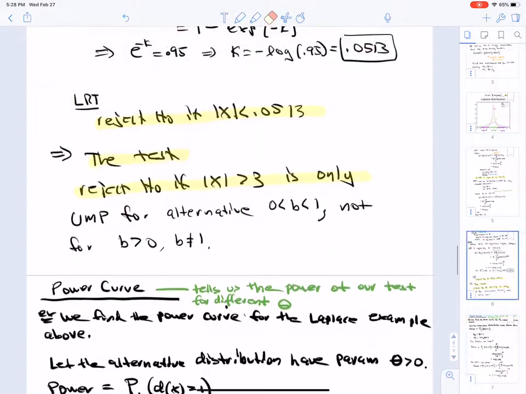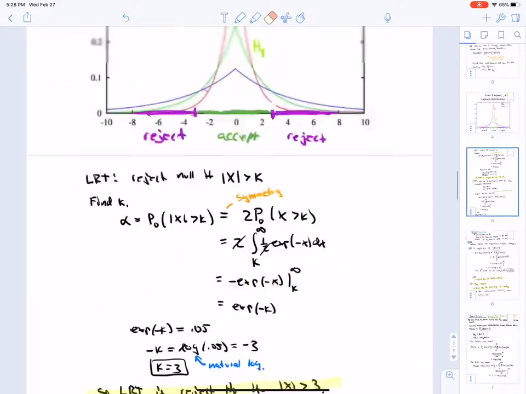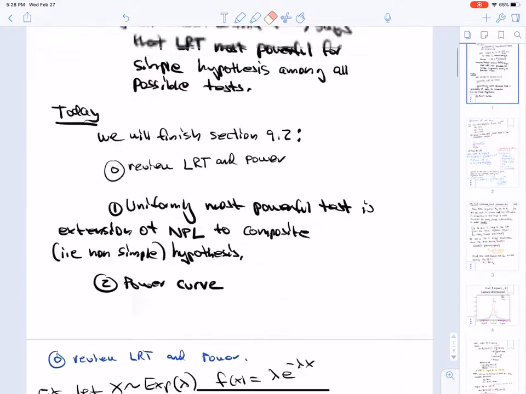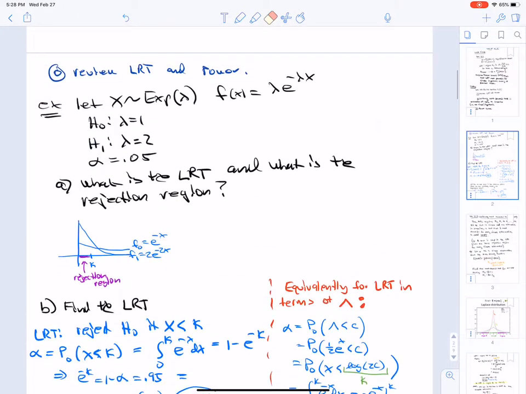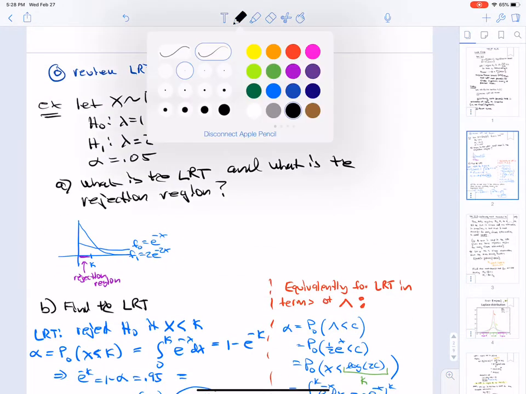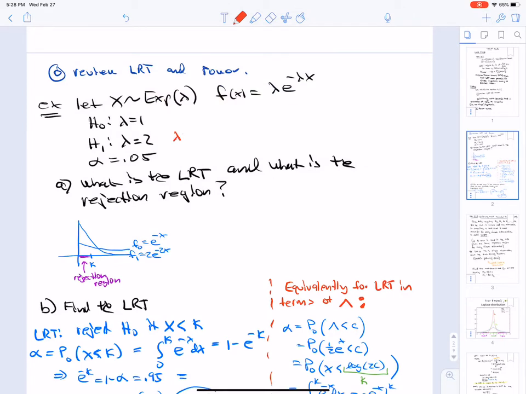Finally, let me just mention also that you can see in this example that we did before, if for example, lambda is greater than 1 here, we're always going to have the same rejection region.